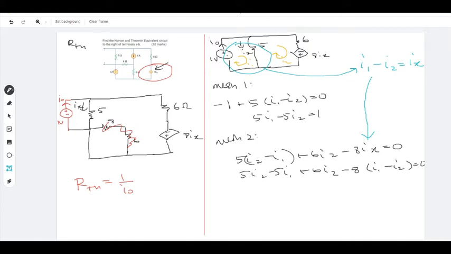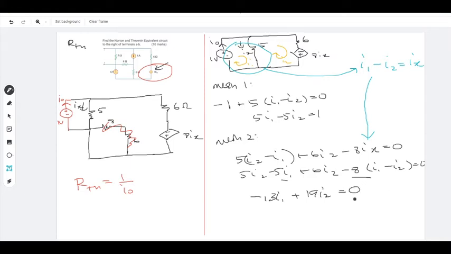So after you substitute that, you will get negative 5, that is negative 8, gives you negative 13I1. So you have 5I2 plus 6I2, that is 11I2, plus, minus is plus another 8I2 will give you 19I2 equal to 0.